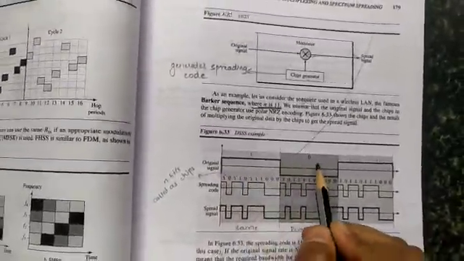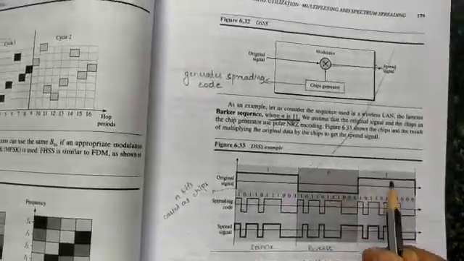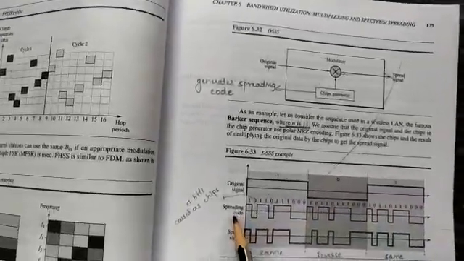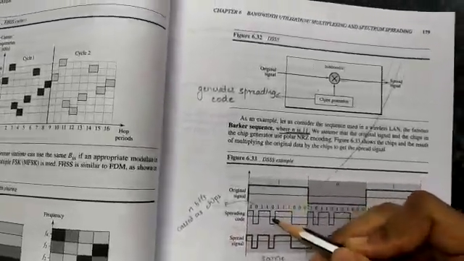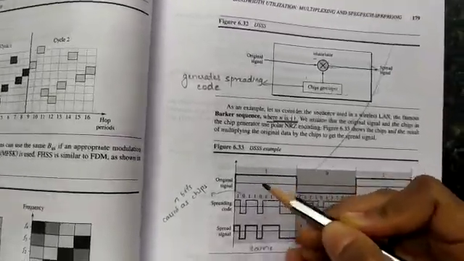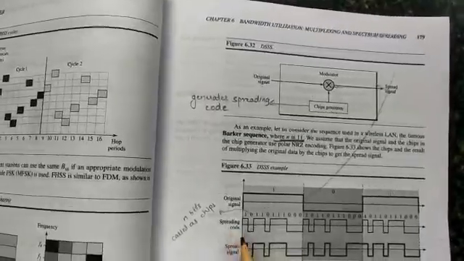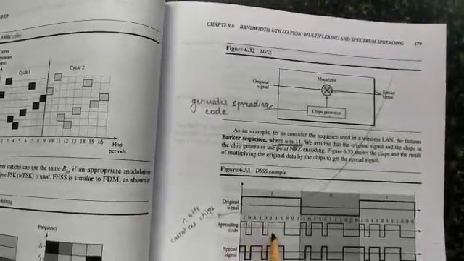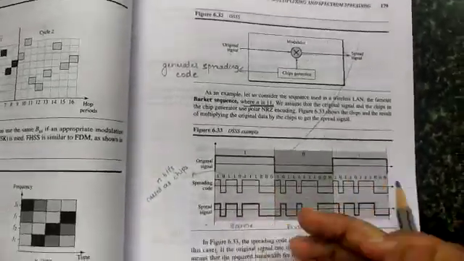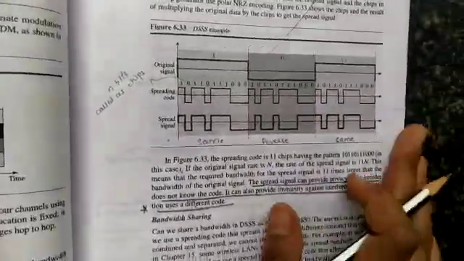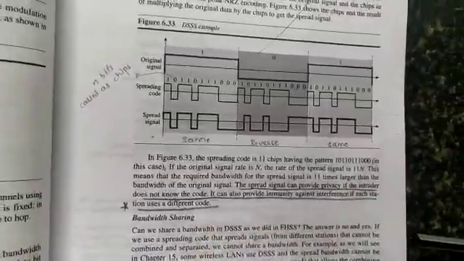Now we will see how this example works. Whenever a pattern 101 is generated, and we keep the spreading code, we multiply the spreading code with the original signal to get the spread signal. The spreading code is usually illustrated using polar NRZ, which we discussed in previous classes.